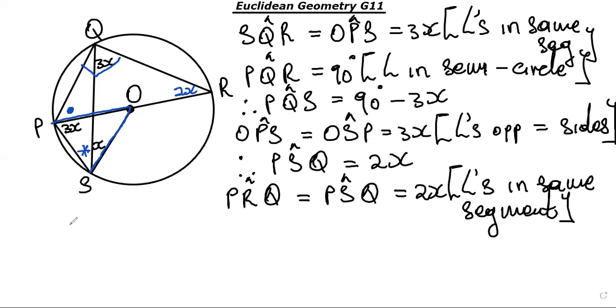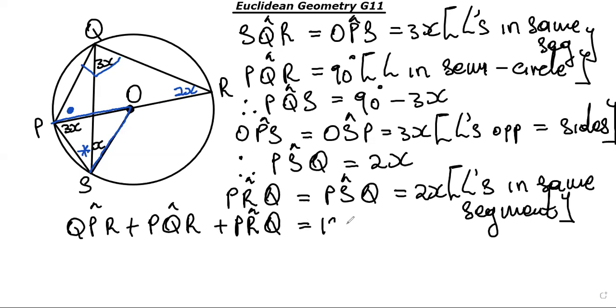So we can say, if we take QPR, we add it to PQR, we also add it to QRP or PRQ, this sum will be equal to 180 degrees because it's the sum of interior angles of a triangle.